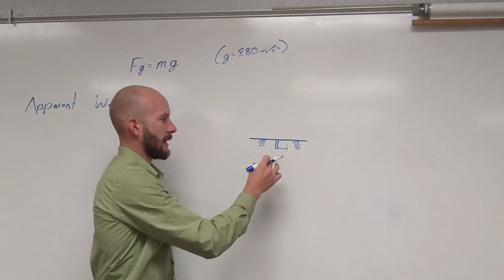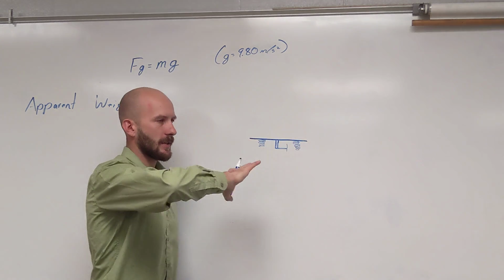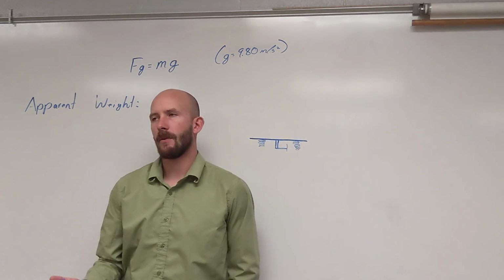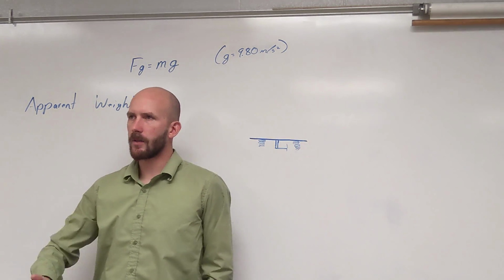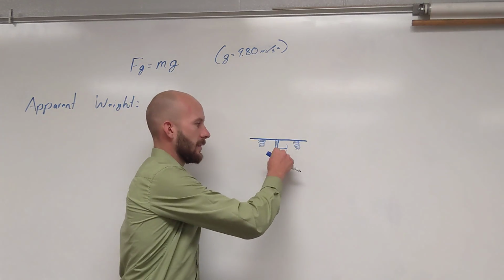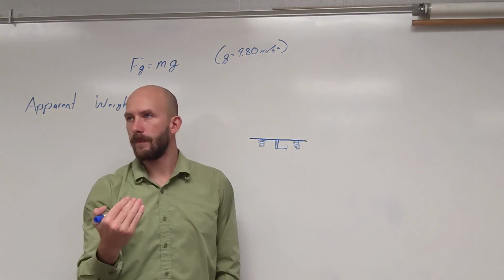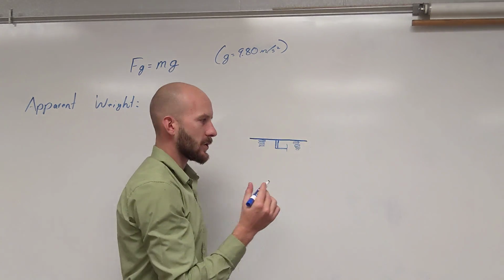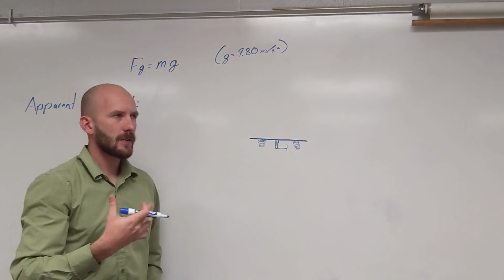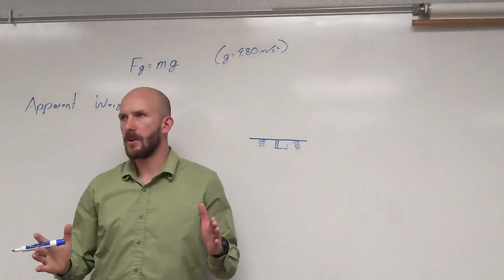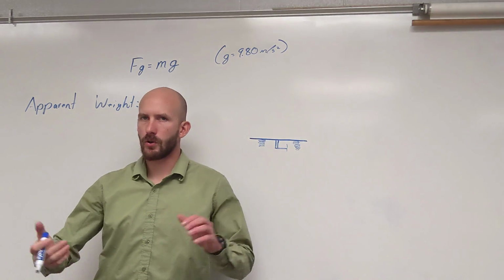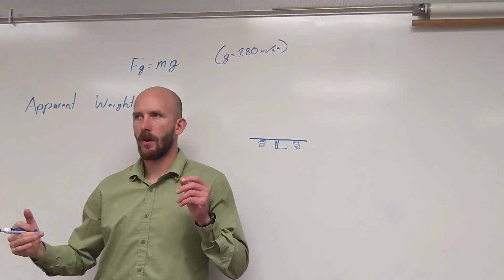Or there might be some type of hinged piece. Now we've got digital scales, which are going to be different, but the old analog scales physically move a needle. Now the thing about springs is that within a certain range, once you get them so stretched or so compressed, things start to go haywire.